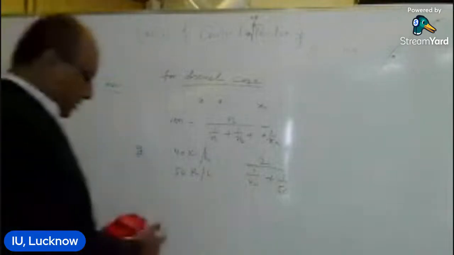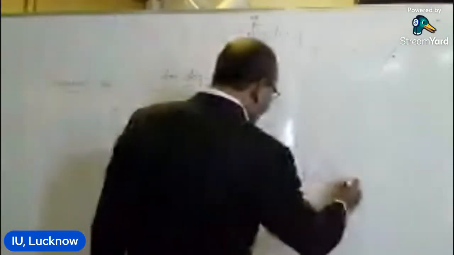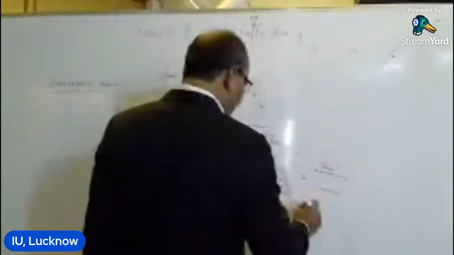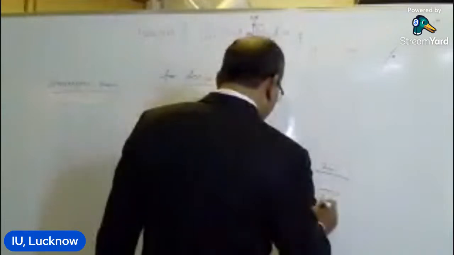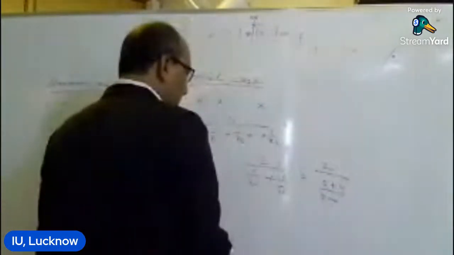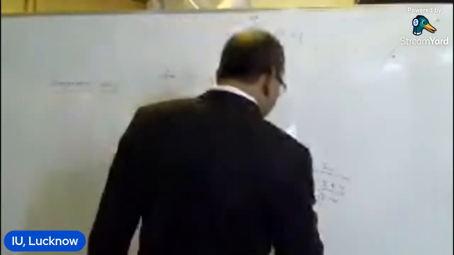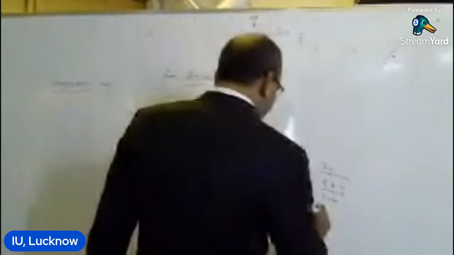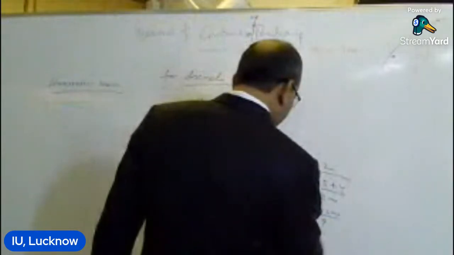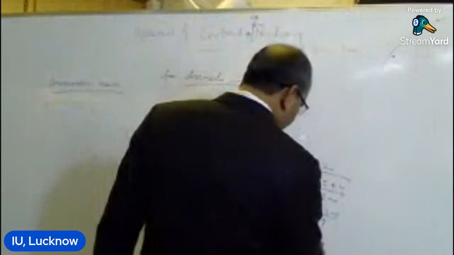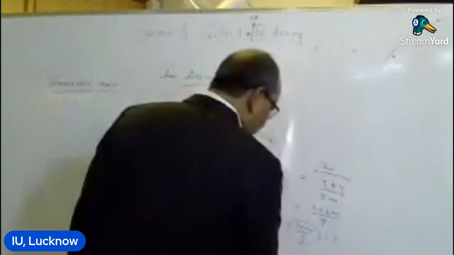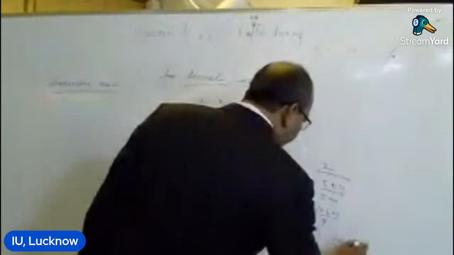So you just solve and you will get 2 divided by this, and the average speed is about 44.4 kilometers per hour, something like this.